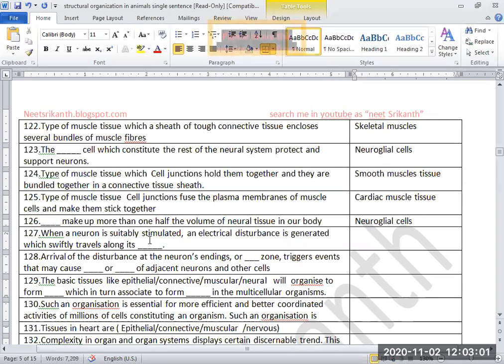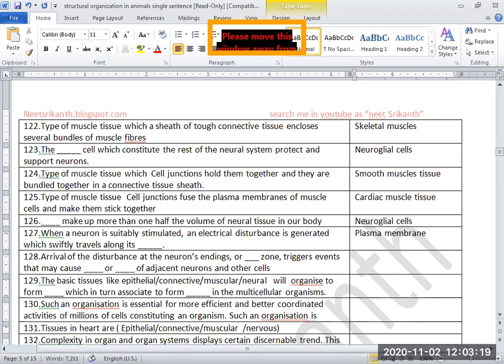When a neuron is suitably stimulated, an electrical disturbance is generated, which swiftly travels along its plasma membrane. Do you have any special name for that plasma membrane?